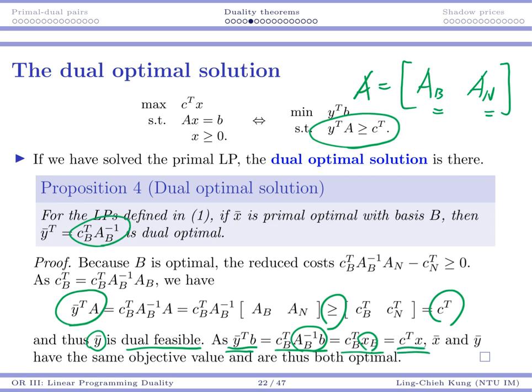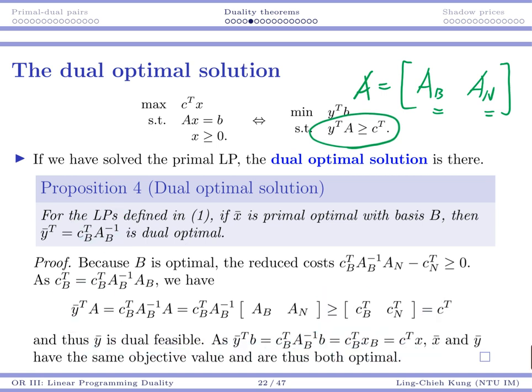So according to our previous condition, this immediately tells you that given your x bar with basis B, if your y bar is constructed in this way, then y bar would be feasible and have the same objective value as your C transpose x bar.